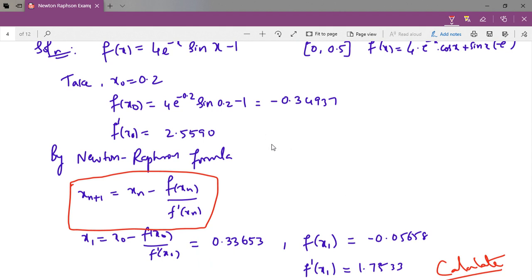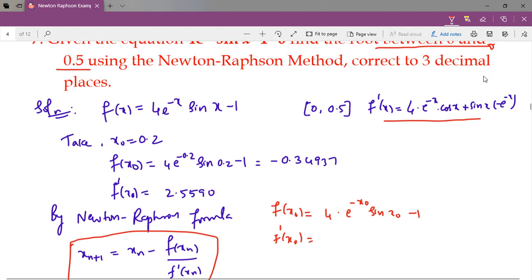So we have f of x naught. What is f of x naught? F of x naught, that is 4 into e power minus x naught sin x naught minus 1. So this you know in the calculator. Okay, so we will get some value. So what is f dash of x naught? This one. Okay, so you get some value for it.